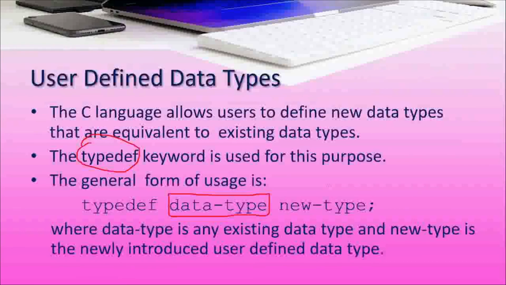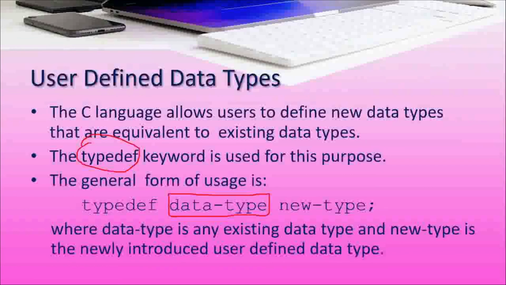In the case of structure definition, we know that if you want to create a new instance of that particular structure type, then you have to use the struct keyword. But in this case, if you are renaming it, or creating a user defined data type, you don't have to use the keyword struct. So let us see how it is being done.